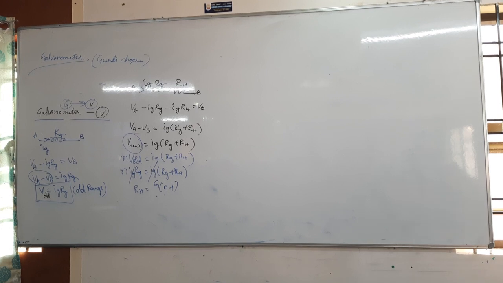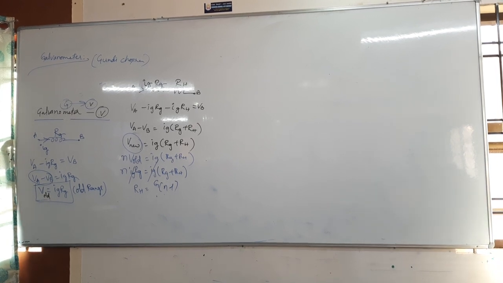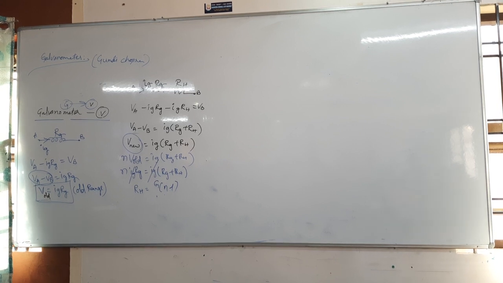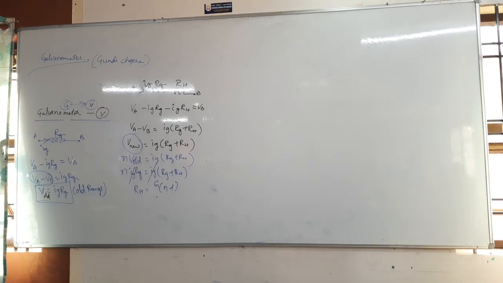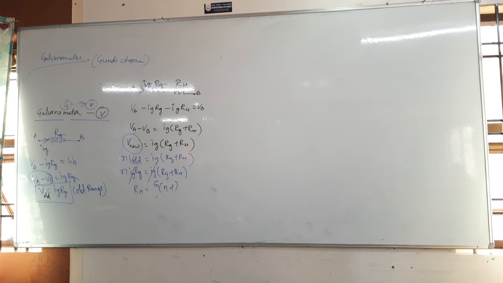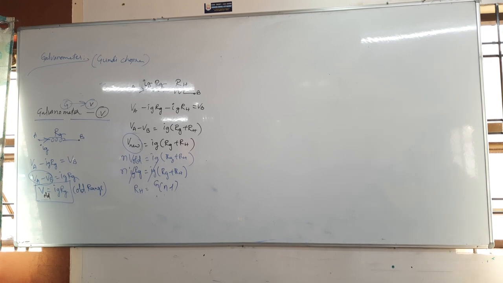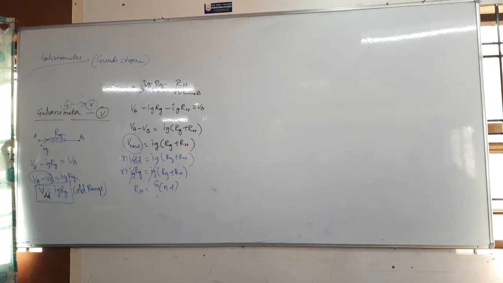In the next line, for finding the series resistance, voltmeter will have high resistance. So multiply G with n minus 1.